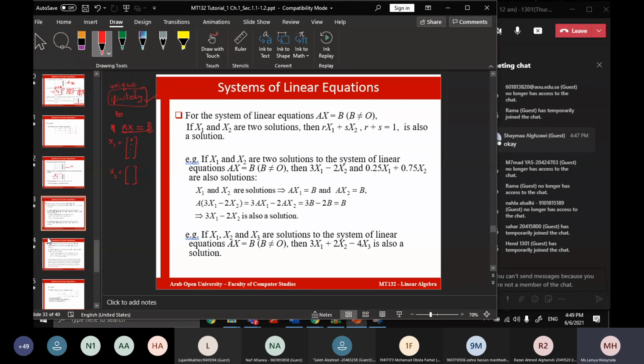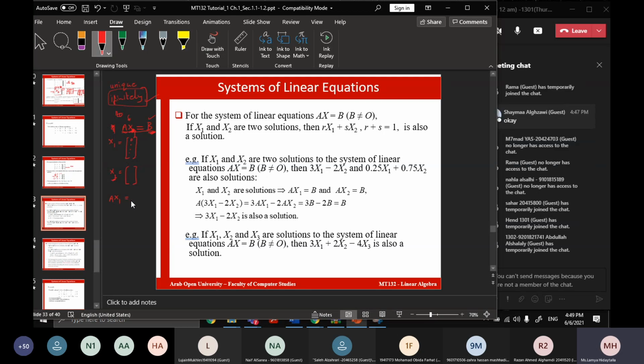It means if you take these values and substitute them here, you should get the right-hand side, which is B. So if x1 is a solution, then Ax1 should equal B, and if x2 is another solution, then Ax2 also should equal B.